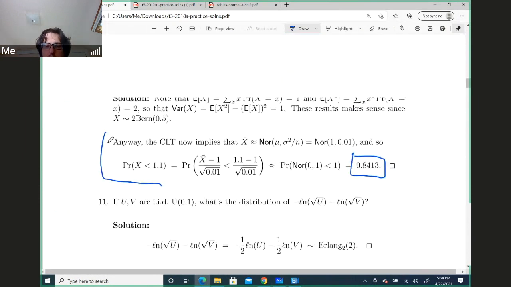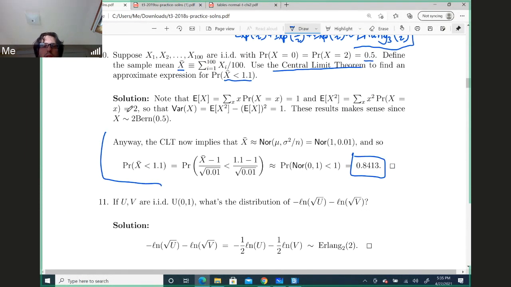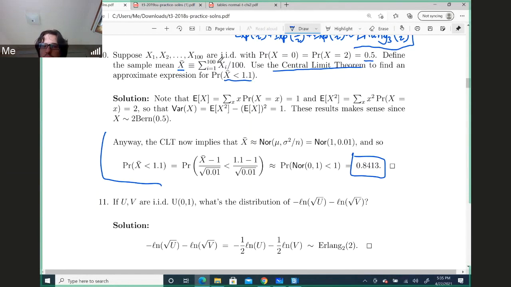Actually, one thing I will talk about briefly, just for variance, there can be a large possible number of variants to this question. You could have these x's be lots of different things, or they could tell you what the variance or the E of x is, or something else could happen where you have to transform random variables into a normal random variable, and at the end you do the same sort of thing to look it up in a table.